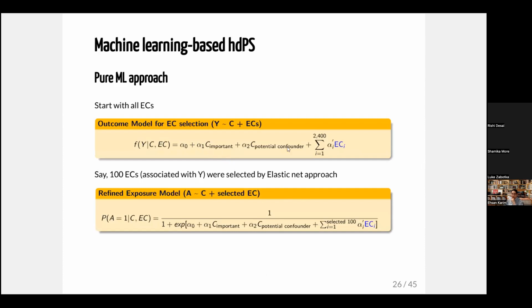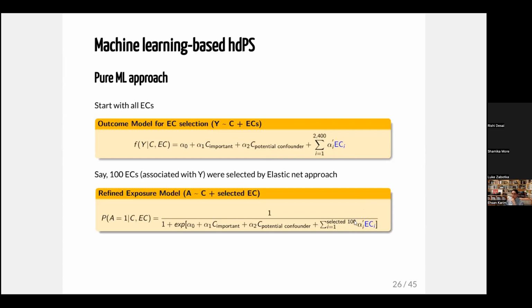The first one was we just include all of the empirical covariates along with the investigator-specific covariates in our analysis, right? Then, for example, we run an elastic net method, and it gives you 100 empirical covariates in this model. You then select those 100 empirical covariates and put them back in the refined propensity score model.